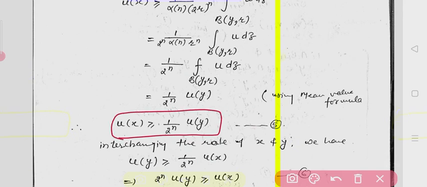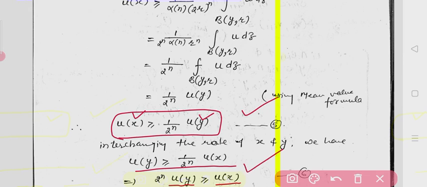Now if we interchange the roles of x and y, then you will say that u(y) is greater than or equal to 1 by 2^n into u(x). That will be this one. Okay, if we multiply both sides by 2^n, it will be 2^n into u(y) greater than or equal to u(x). So from this inequality and this inequality, what will we say?